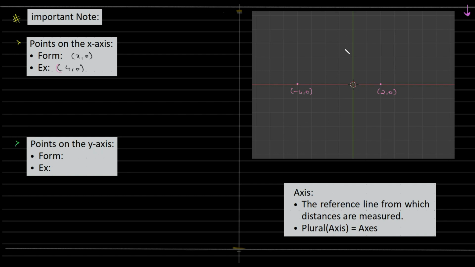Any point on the y-axis would be, well, can you guess? 0 comma y. It's neither left nor right. It is mainly up and down, right?